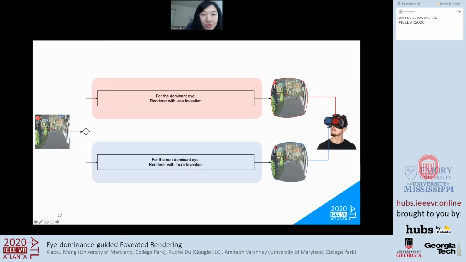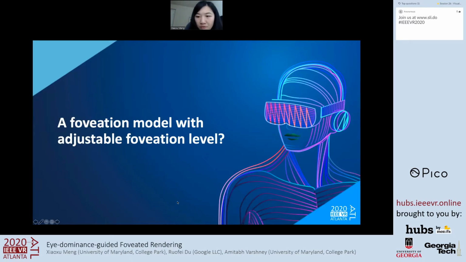Our idea is to use two foveated renderers. For the dominant eye, we render with less foveation, and for the non-dominant eye, we render with more foveation. So we need a foveation model which allows us to parameterize and change the level of foveation.